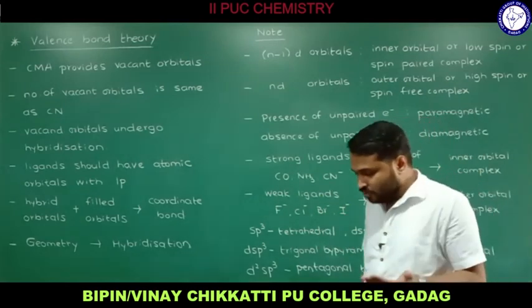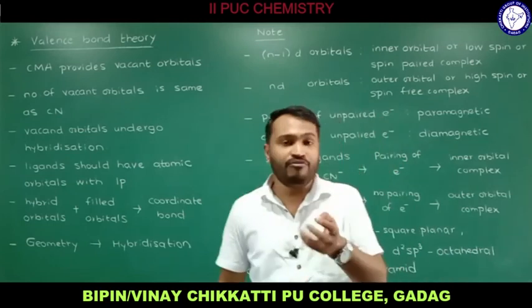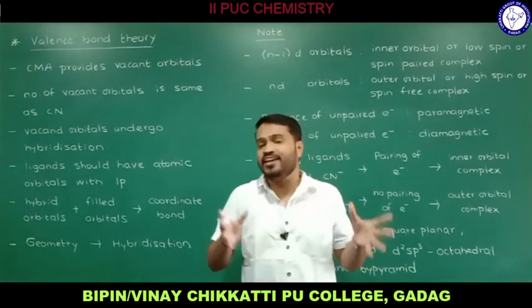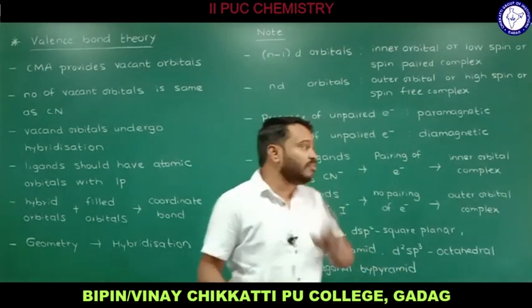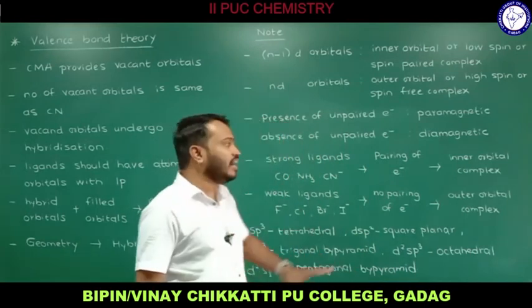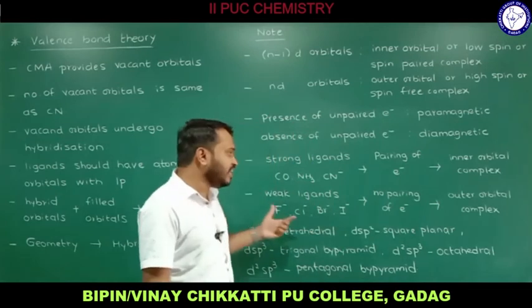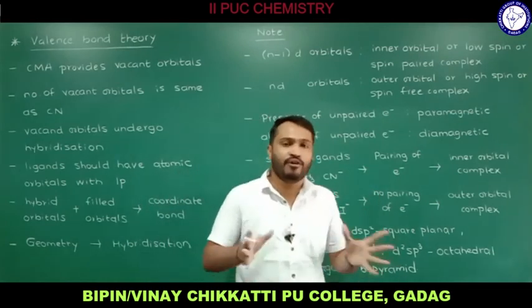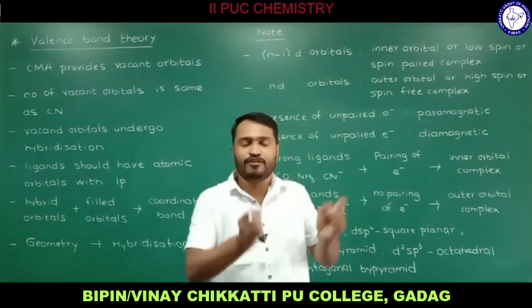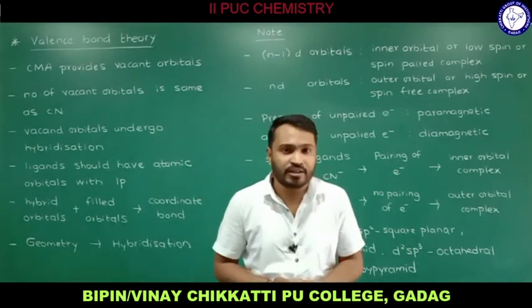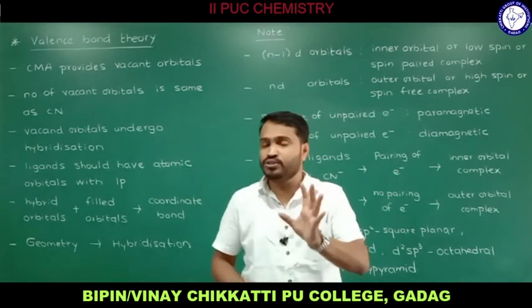So what actually do the strong ligand and weak ligand do in coordination complexes? Remember that a strong ligand pairs up the electrons, whereas a weak ligand causes no pairing of electrons. So what is this pairing and no pairing of electrons? I hope you remember Hund's rule.